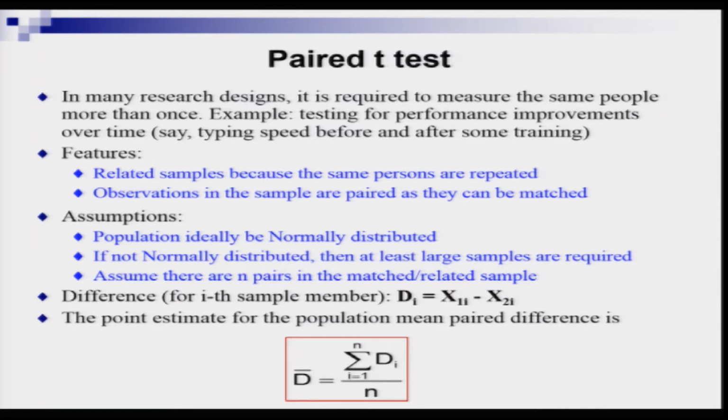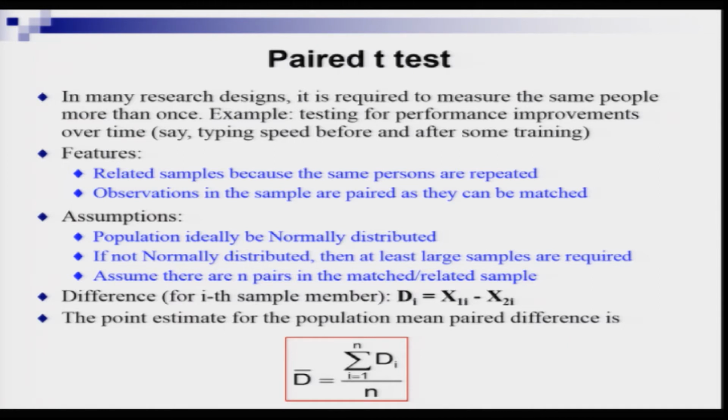To conduct the test, the first step is to compute the difference for the ith sample member. Here I define this difference as d_i = x_1i minus x_2i. So x1 and x2 are basically two different groups. Suppose typing speed is the variable. Then 1 is after the training and 2 is before the training, or you can think of several other examples, but i is common.